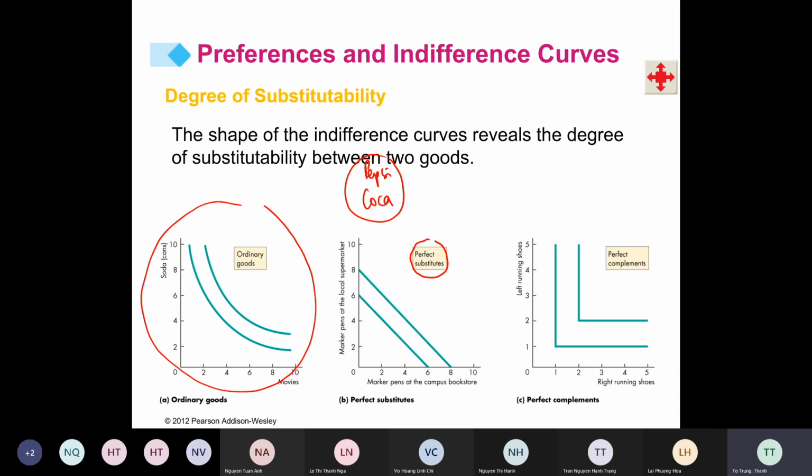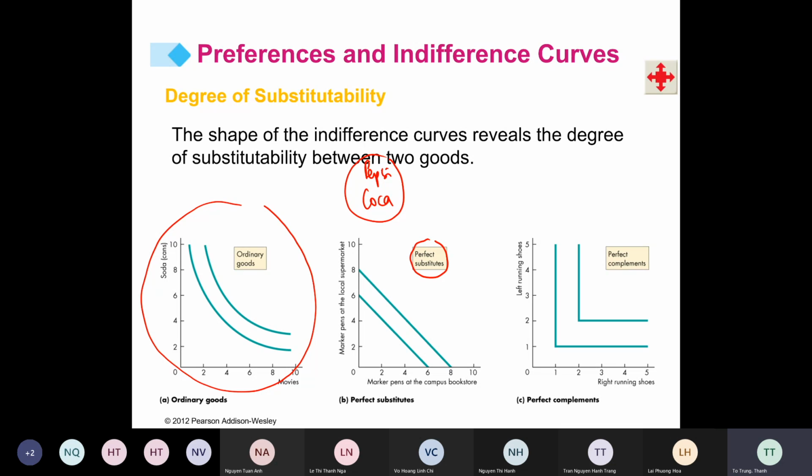I can substitute one Pepsi for exactly one Coca. So 2 Pepsi for 2 Coca, 3 Pepsi for 3 Coca. So the rate of substitution is 1, and that is constant. And whenever you see the rate of substitution is constant, we say that the two goods are perfect substitutes.